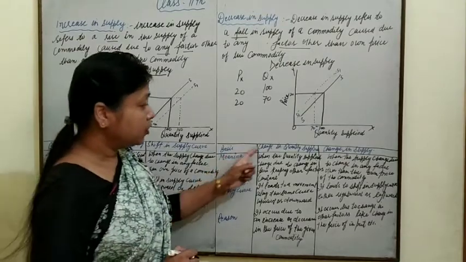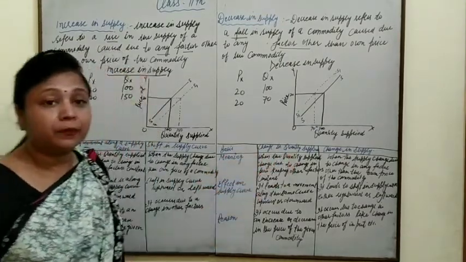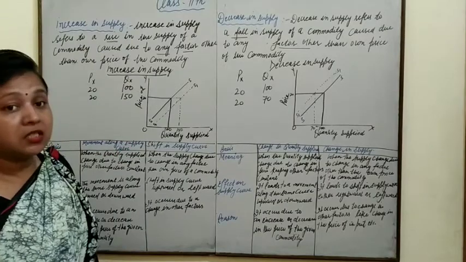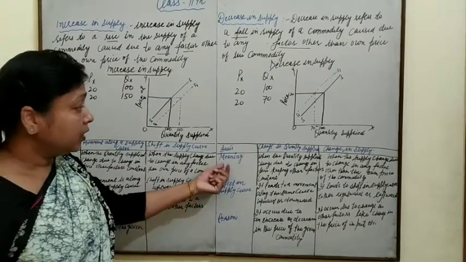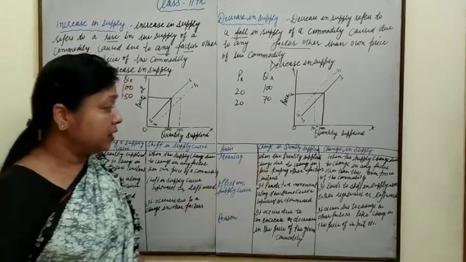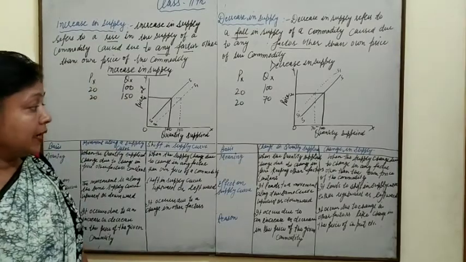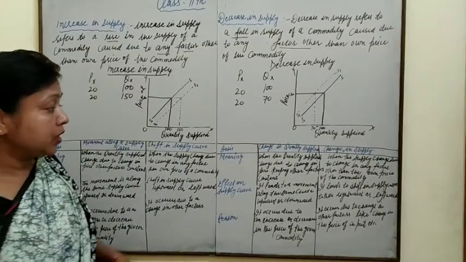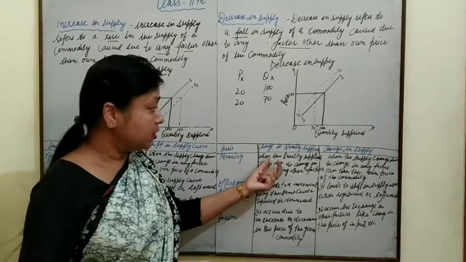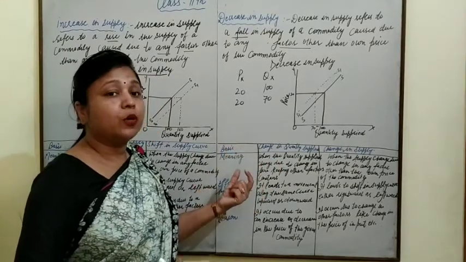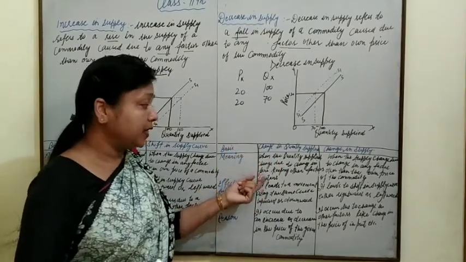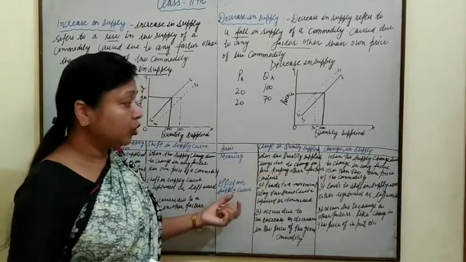Now, change in quantity supplied and change in supply. Change in quantity supplied means the quantity supplied changes due to a change in the price, keeping other factors constant.